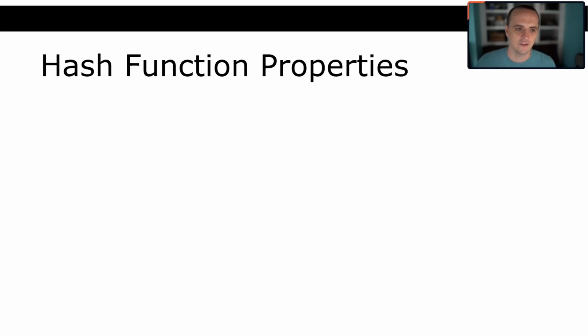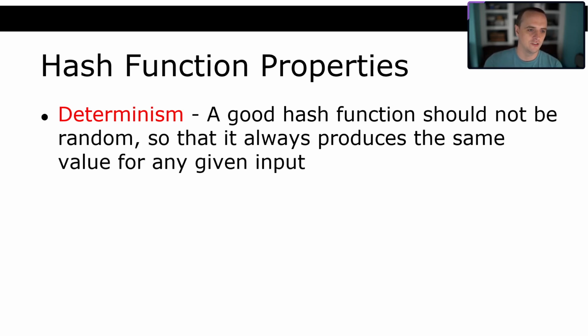All right, so now that we know what goes into a hash function and what comes out of a hash function, what are some of the properties of a hash function that we can actually measure, statistically? The first one is determinism. A good hash function should not be random, right? Every time we run the same data through the same hash function, ideally, we're going to be given the same output value.